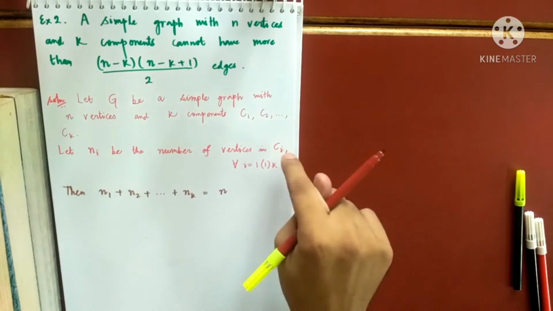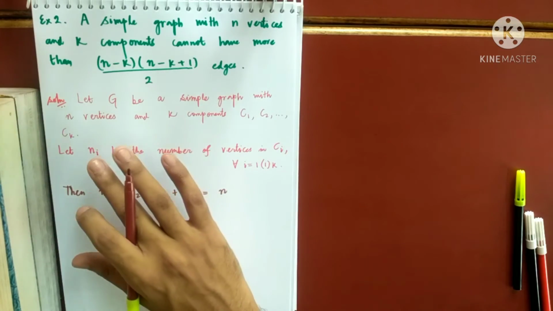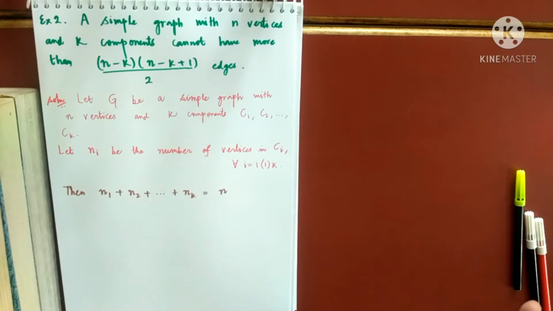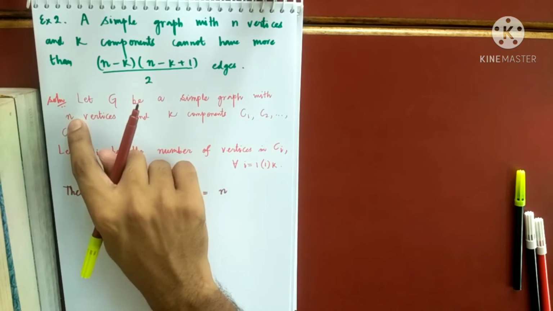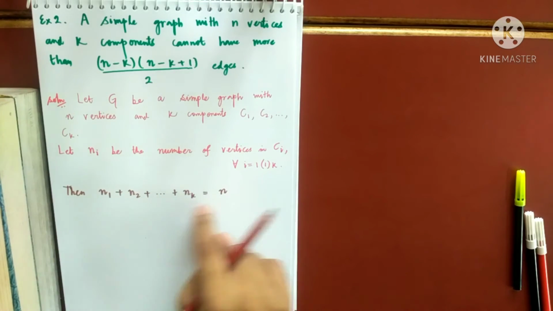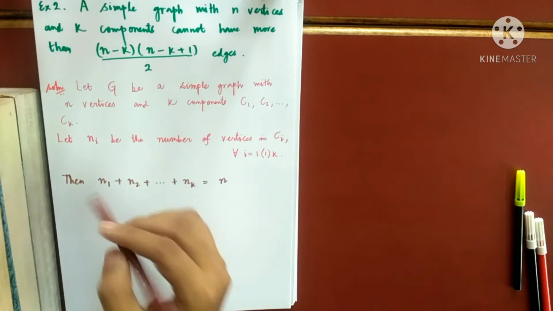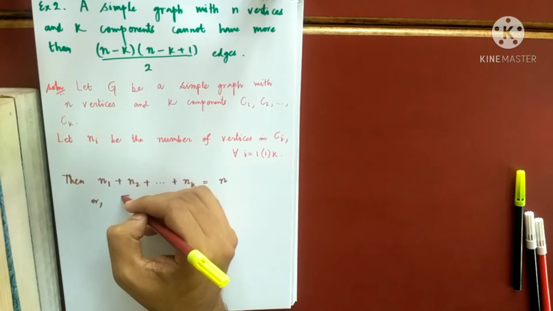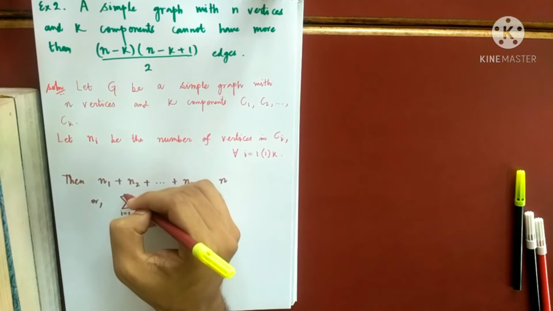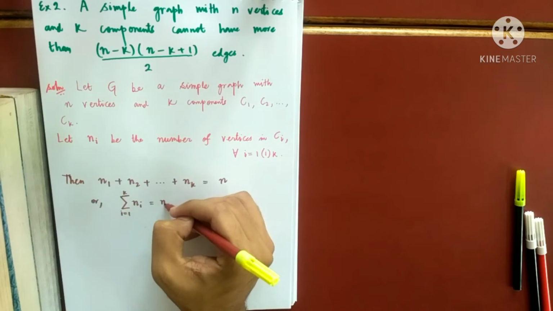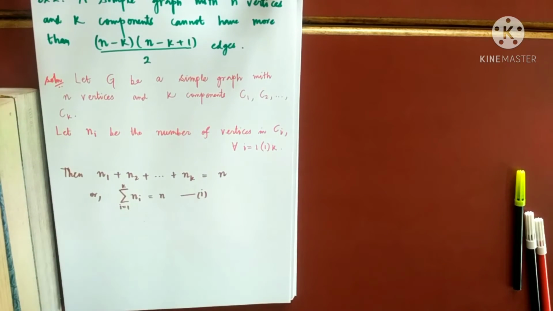The number of vertices in C1 is n1, dot dot dot, the number of vertices in Ck is nk, and the total number of vertices in G is n. So after summing the vertices in each component, I should get the number of vertices in G. Another way of writing this is the summation of ni, i going from 1 up to k, equals n. This will be used a bit later, equation number 1. So this fact I have now used.